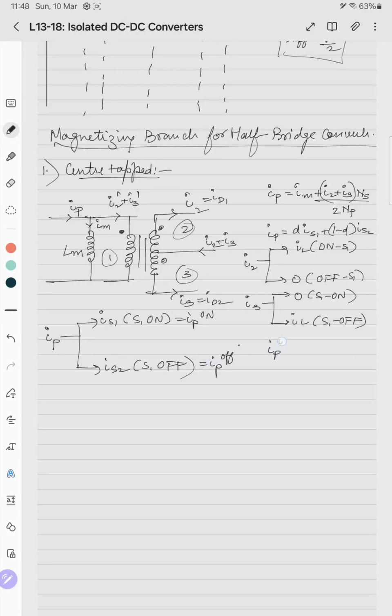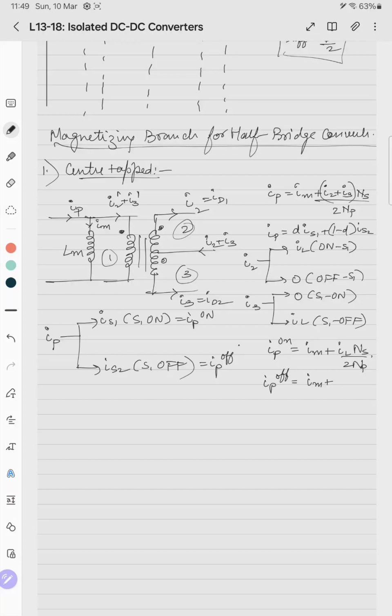What is IP on? IP on is Im plus I2 on plus I3 on. I2 on is IL plus 0, so it is Ns by 2Np, and IP off will be Im plus I2 off plus I3 off into Ns by 2Np. What is I2 off? 0.